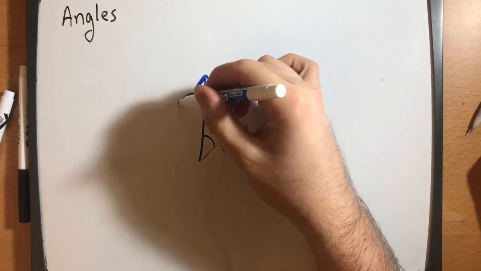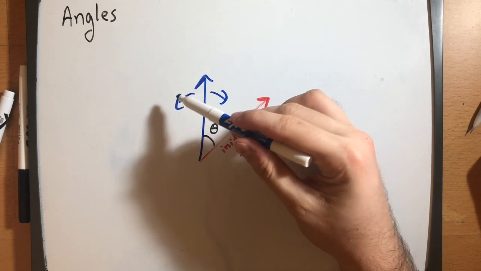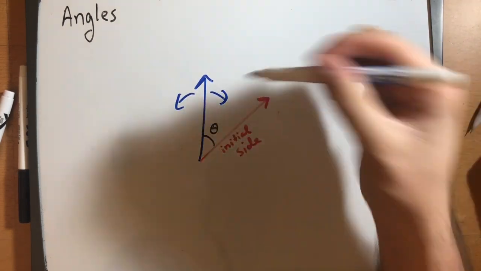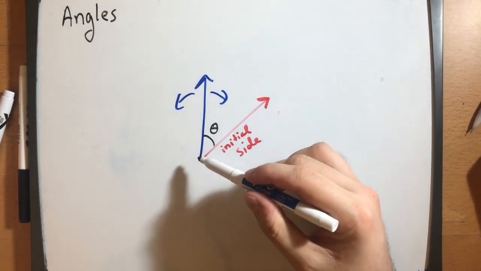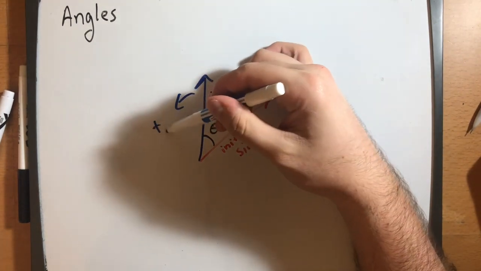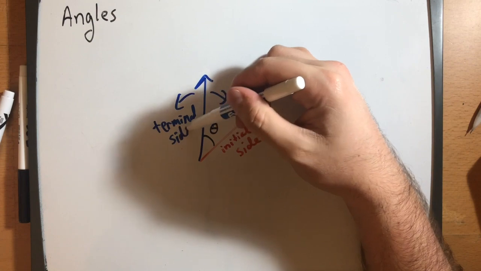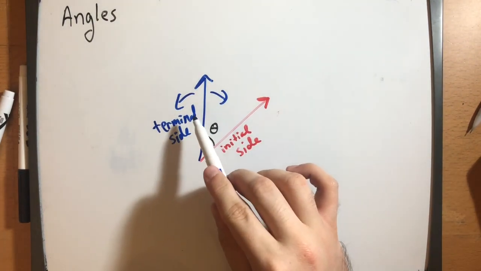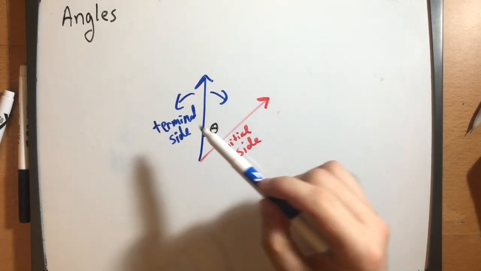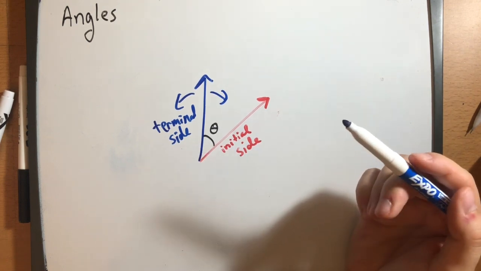So if the blue ray is going to move counterclockwise or clockwise, this one's the one that's moving, and this is what we call the terminal side. And as the blue ray, the terminal side, moves around, the angle will be changing as well.